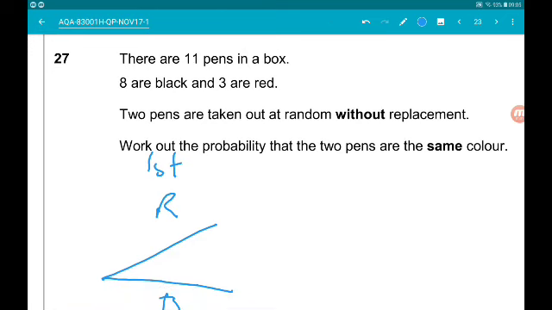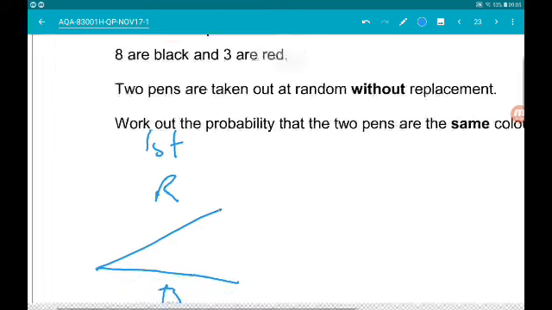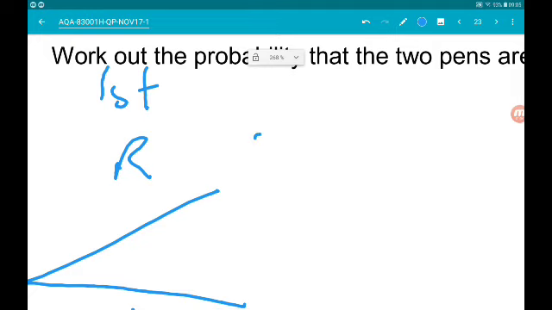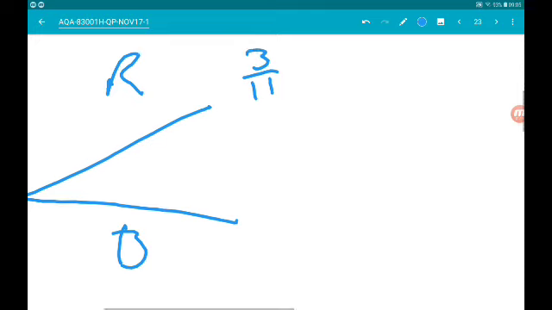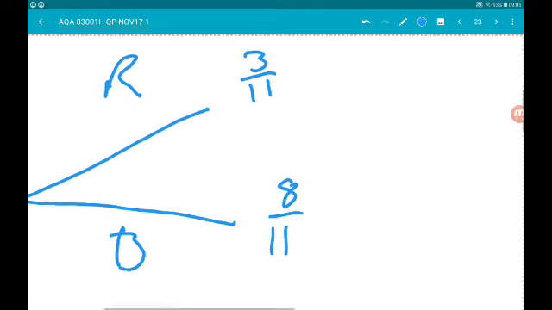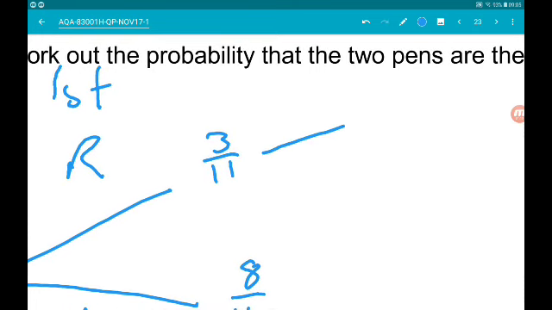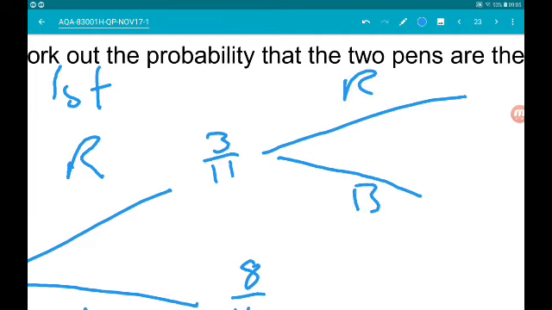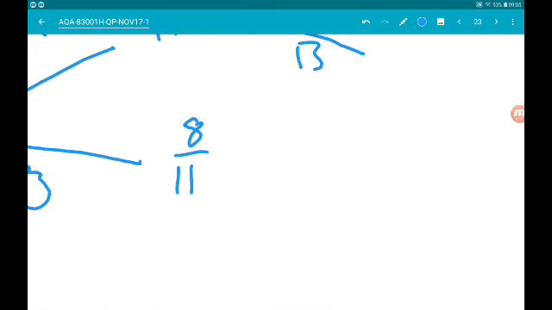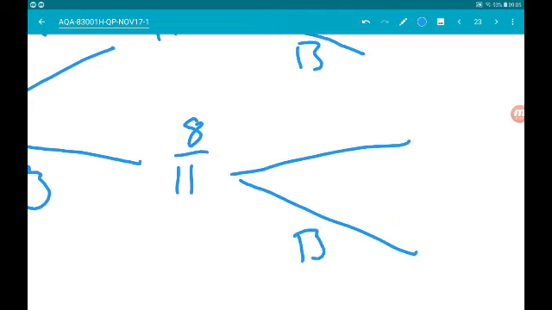So the probability of getting a red is 3/11, and getting a black is 8/11. Now, because we're not putting the pens back in the box, the probabilities are going to change depending on what happened with the first pen.